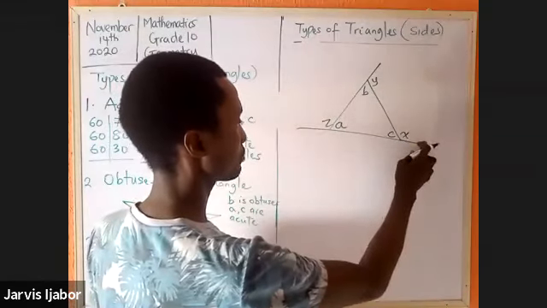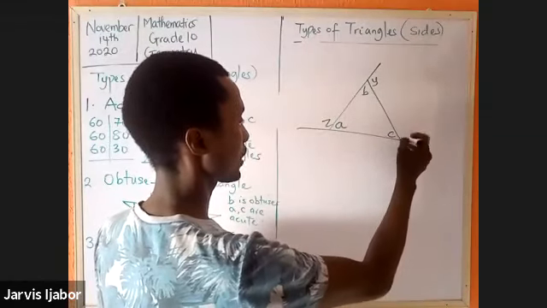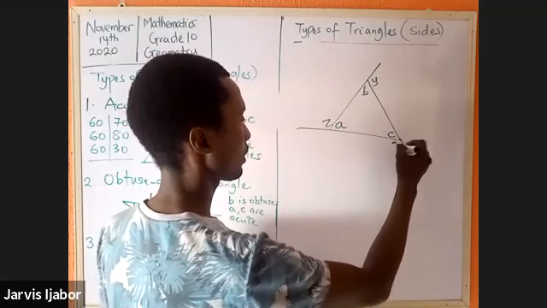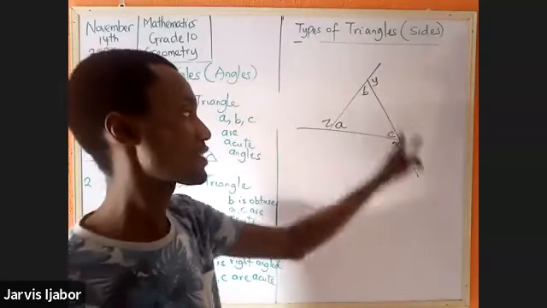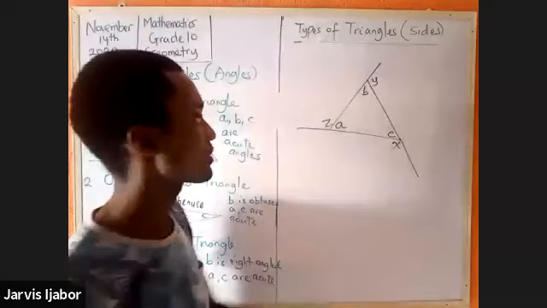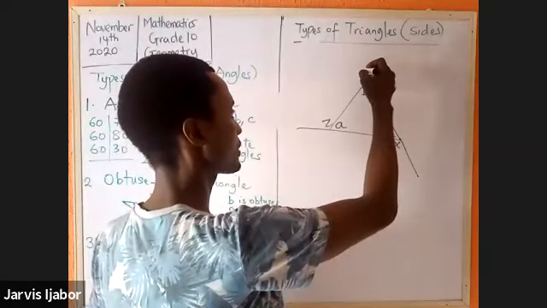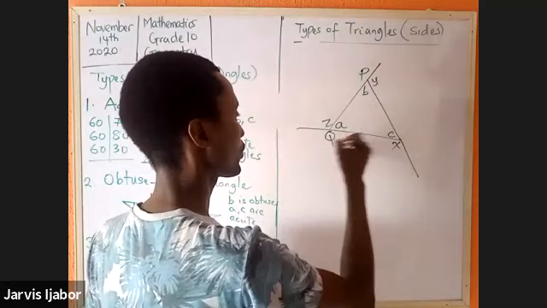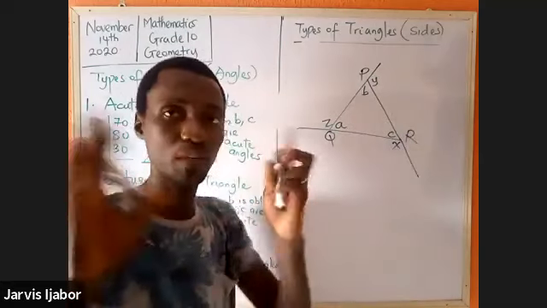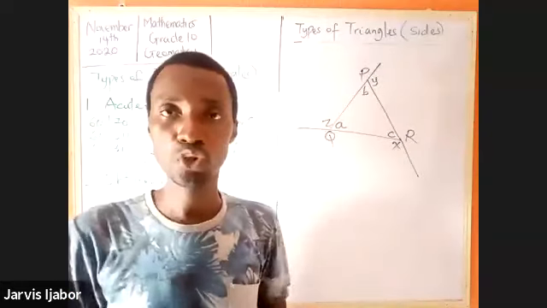Maybe I should change the narrative. Let's put it this way. All right. So what I've done is that I've extended the sides. So maybe I should name them again. I'll call it P, Q, R, just to bring a bit of variety to what we're doing.